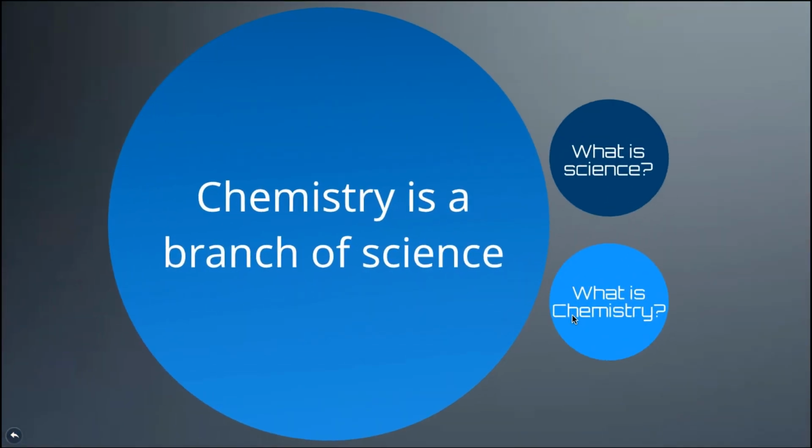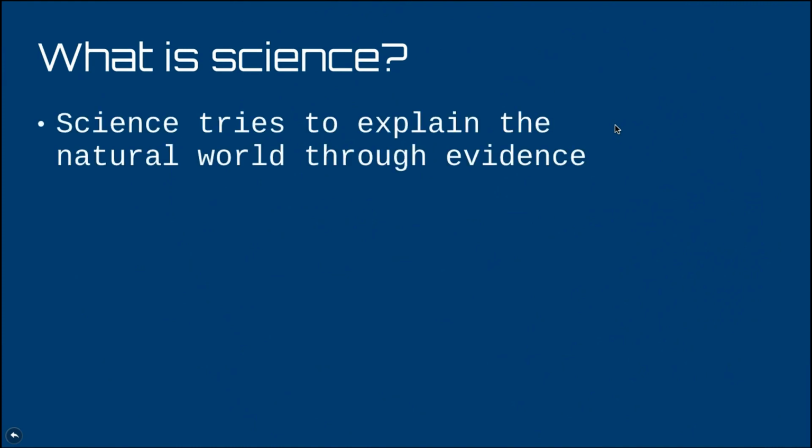Let's go ahead and jump right into what is chemistry. We know that chemistry is a branch of science, but that doesn't really tell us much about what's going on, right? So first we have to define what is science. We may need a little reminder on this. Remember that science tries to explain the natural world through evidence.